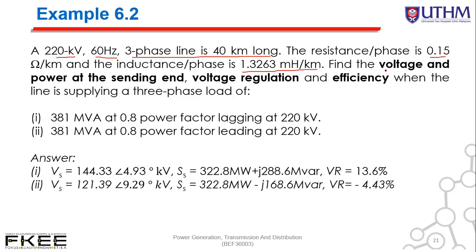Find the voltage and power at the sending end Vs, the voltage regulation VR, and also the efficiency when the line is supplying a 3-phase load of 381 MVA, first at 0.8 power factor lagging at 220 kilovolt, and second at 381 MVA, 0.8 power factor leading at the same 220 kilovolt. This is the problem for example 6.2.